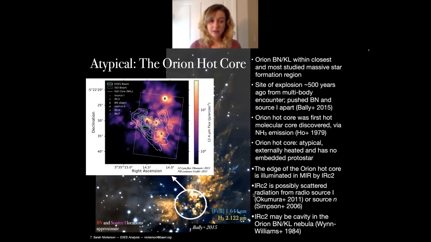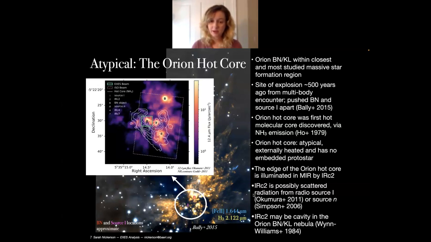And what is of interest to our survey is IRC2, which is the second brightest mid-infrared source in the region. The brightest one is BN, but this doesn't have a lot of molecules towards it. And so Orion IRC2 probes the very edge of the hot core. And this is where we're pointing EXES.